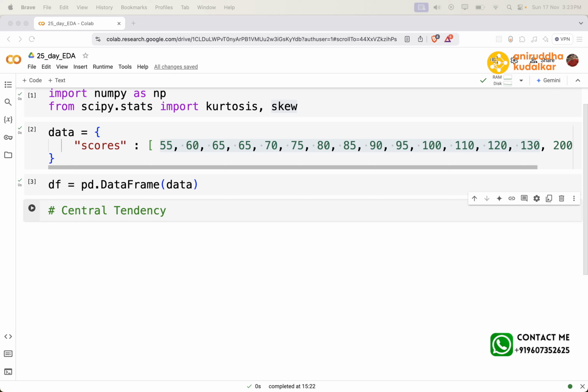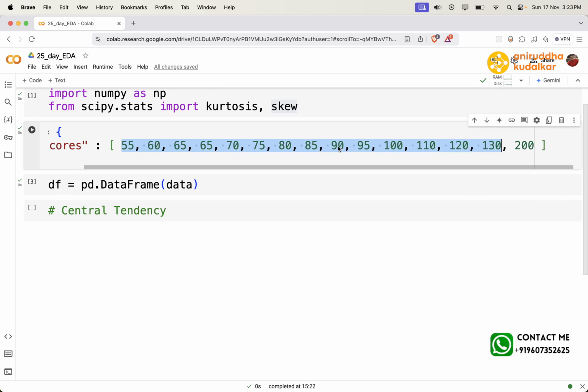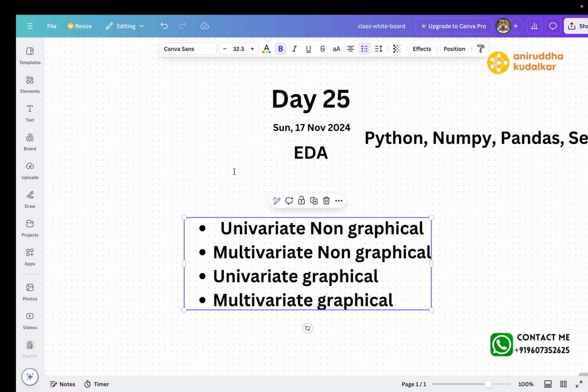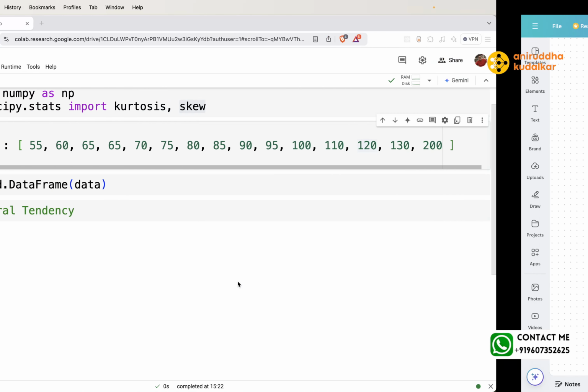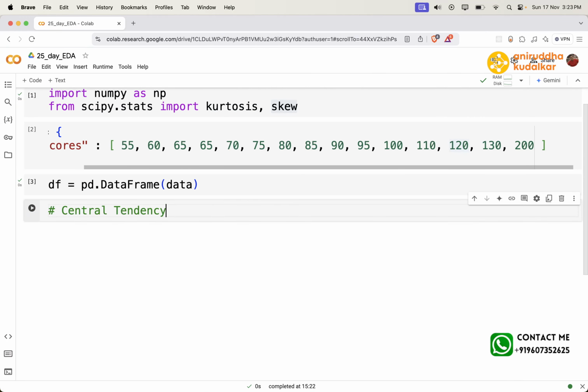EDA focuses more narrowly on checking the assumptions required for model fitting and hypothesis testing. It checks which values are missing. There are different types of EDA available. Univariate, non-graphical: there is no graphics. We will just get to know a few terms from stats.